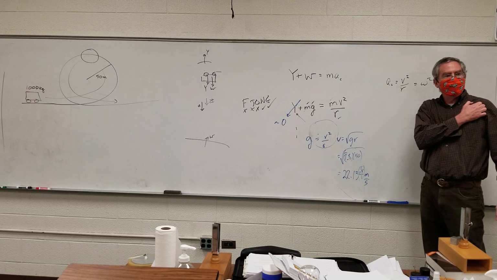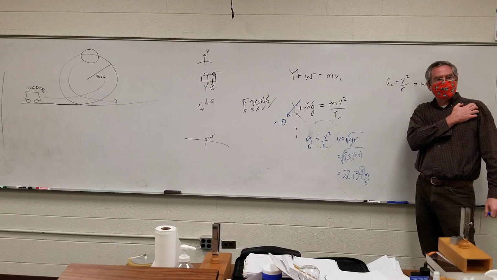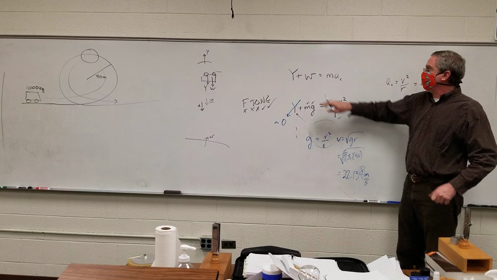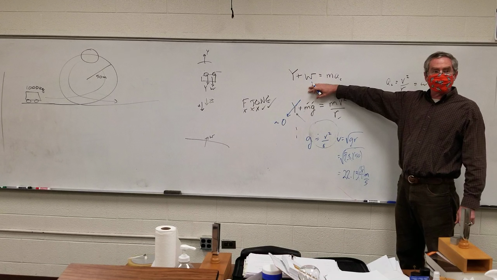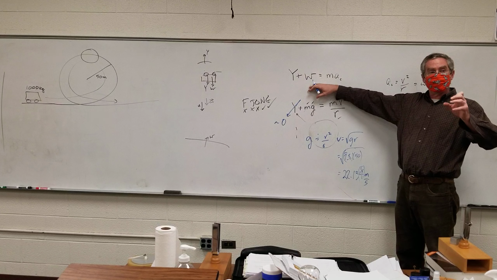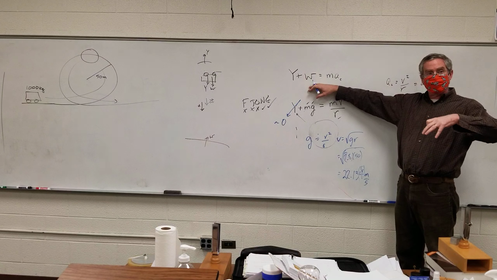So we went from the y plus weight equals mass times acceleration. Why did you include the mv squared over r? Once we get the first version of the equation of motion, we substitute in formulas for which we have independent equations.